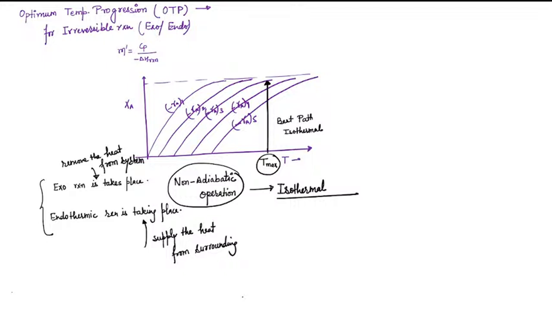Sir, I will remove the heat. Non-adiabatic operation. If heat is required, I will supply the heat. Non-adiabatic operation. There is no problem with non-adiabatic operation. My question is, how will you decide the Tmax? How to decide the Tmax?